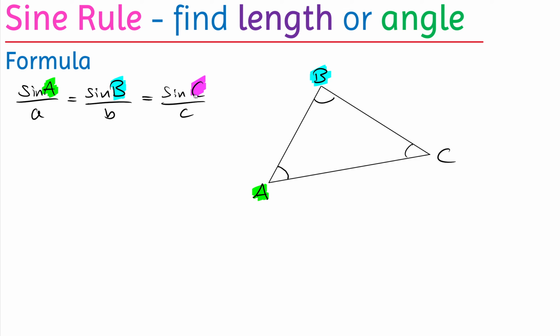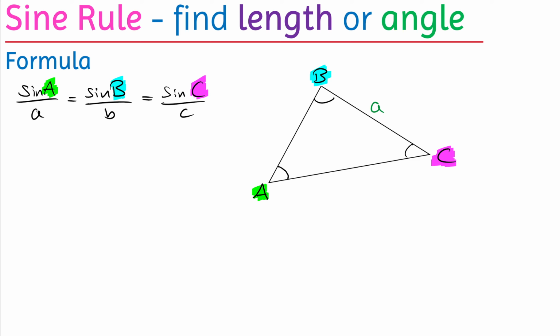Now, the strange thing about this formula is it's got three parts. Well, why is that strange? Well, it's strange because it's the only formula of its type that has two equal signs and three bits in it. And that's because it's working where sine of A is divided by the corresponding opposite side a.